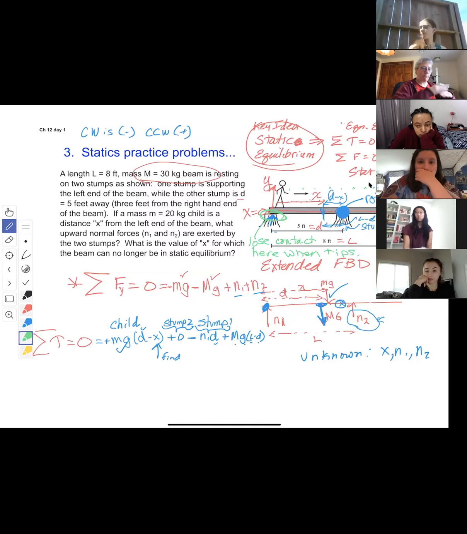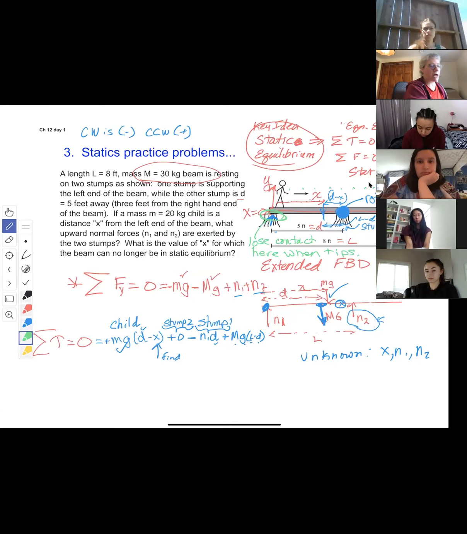If we lose contact at that first tree stump, then the normal force can't pull, right? And if it's not in contact anymore, then what do we know about the normal force at that first tree stump, the moment it loses contact?